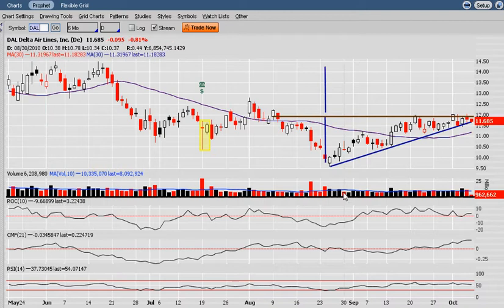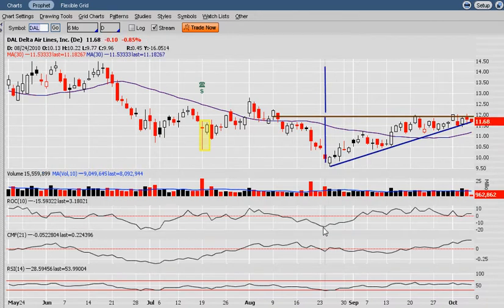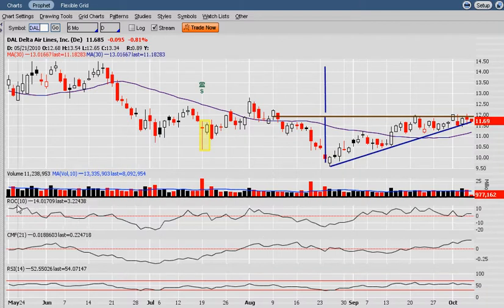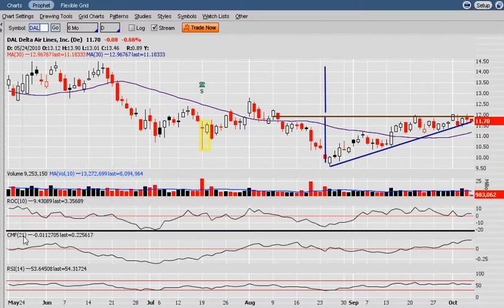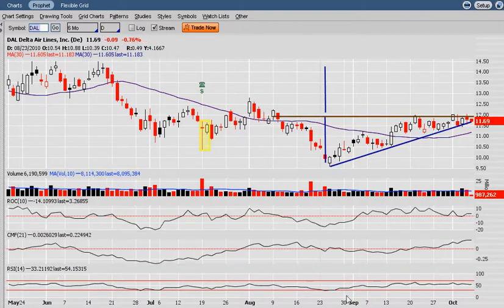And I'll show some divergence analysis in another video, like how to do it and everything. But in the meantime, I'll just do it right here. We have 3 oscillators: 10-day rate of change, 21-day Chaikin money flow, and the 14-day relative strength indicator.